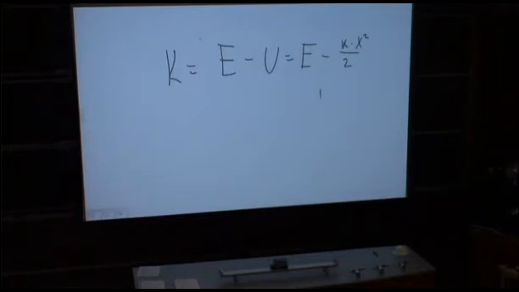This is also a parabola, but its branches look down like this, because it's a negative coefficient. You can rewrite it like this, plus a constant.